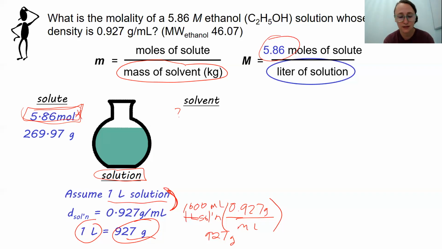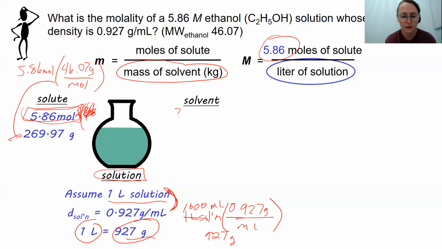So if you need to see that, I'll write it here: 5.86 moles times the 46.07 grams per mole. When you multiply those, you get the 269.97 grams of solute.